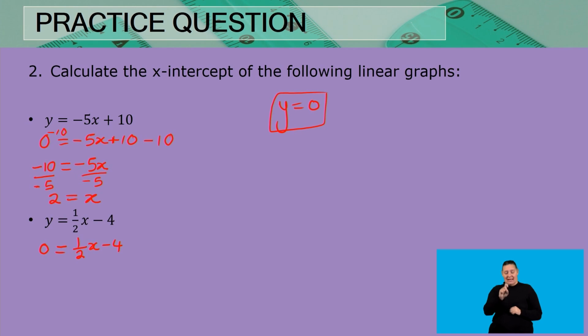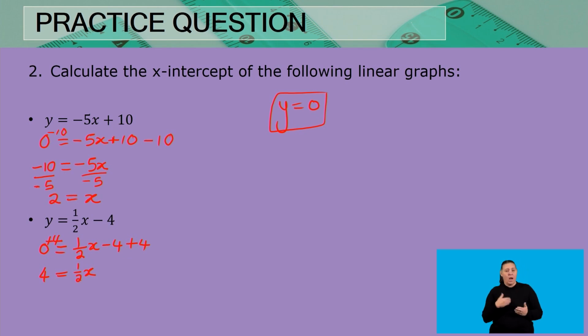We are going to use the additive inverse of -4, which is a positive 4, and apply this both sides so that our equation is balanced. So we are left with 1/2 x, and 0 plus 4 is 4. Now for that half, we are going to apply the multiplicative inverse.